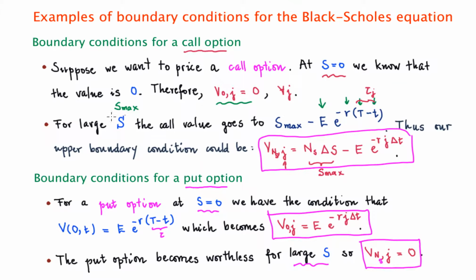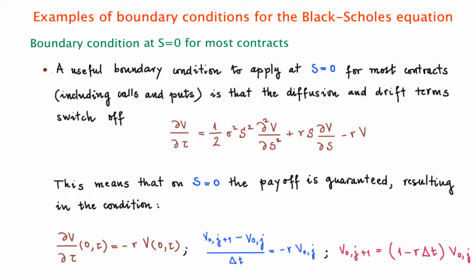However, it's also true that we can have other kinds of boundary conditions that apply more generally to different types of options. For example, here we have a boundary condition at S equals 0 that is satisfied for most contracts.